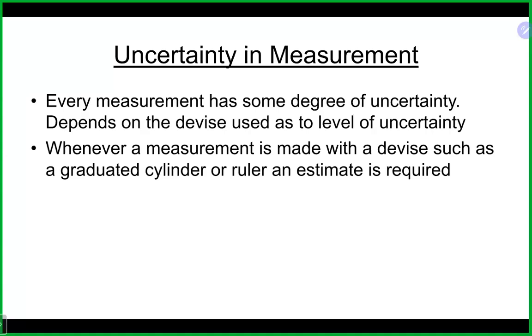The amount of uncertainty depends on the piece of equipment that you're using to take that measurement. Some things are really good, and some things are not the best things to do measurements with, and there's error associated with any type of measurement. So let's just take a ruler, for example.